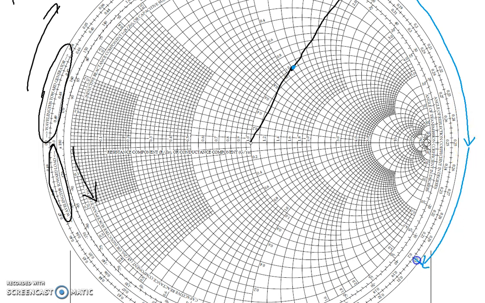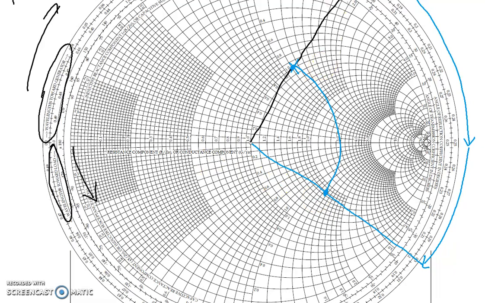So let's say you came up to here, then you draw it back to there, and then you find the original length, which is this point here. You just take a compass and you go around like this, and this will be your reflection coefficient at that distance away from the load.